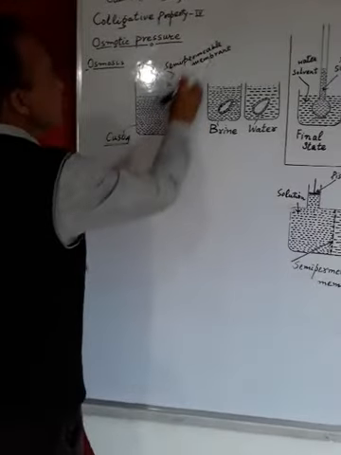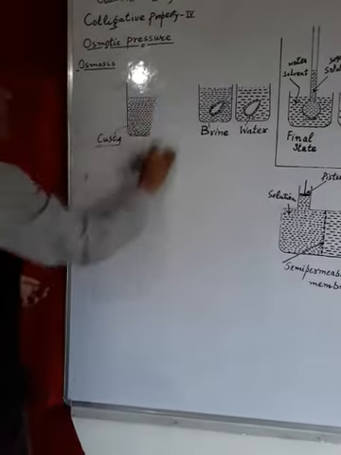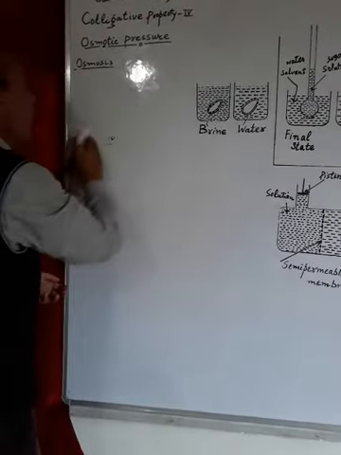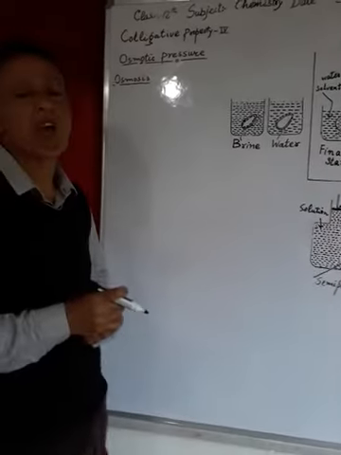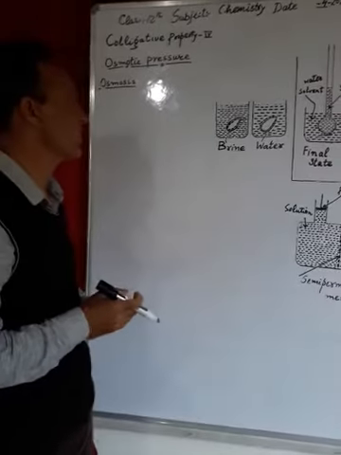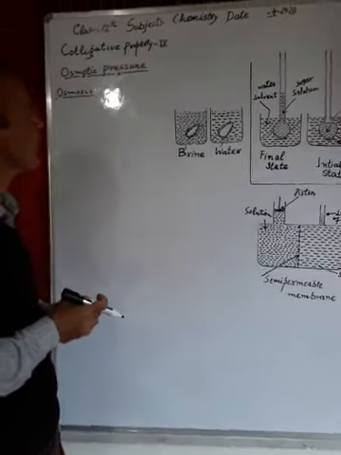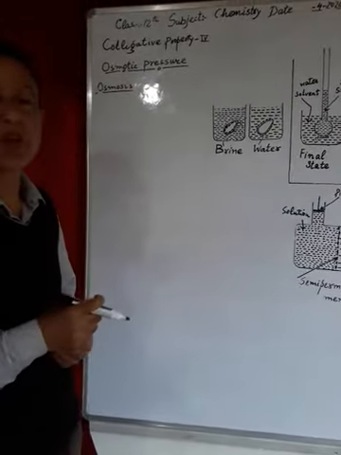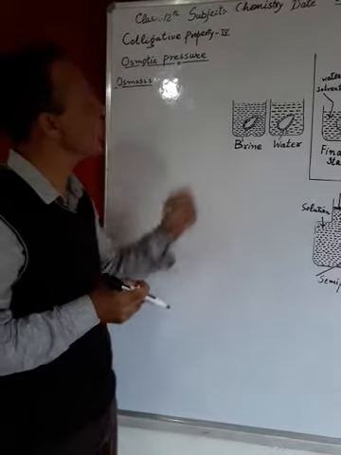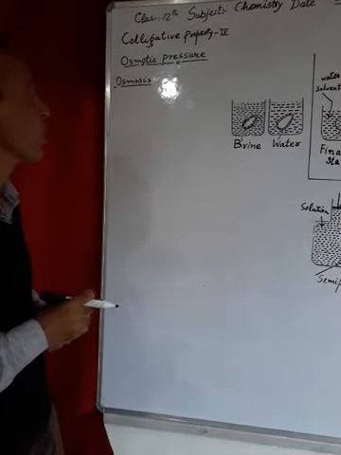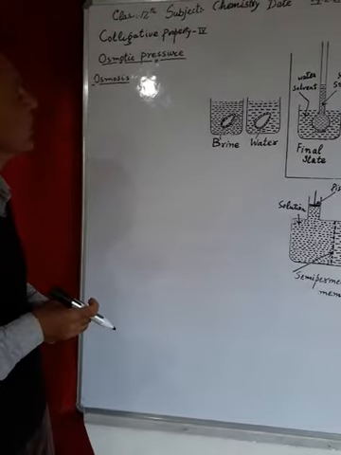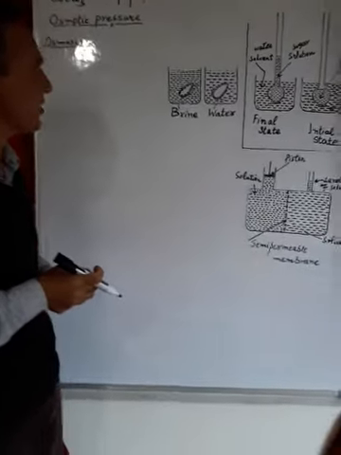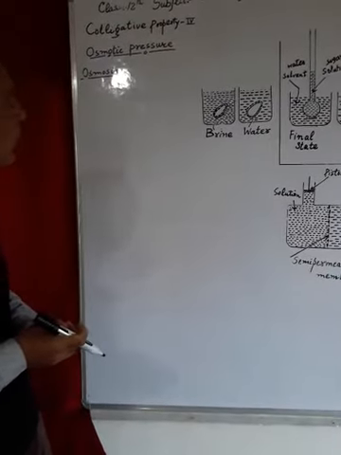Now we can demonstrate this osmosis in the laboratory or at home by taking two eggs of similar size. To explain osmosis, we will do a simple experiment. We will take two eggs of similar size. We put these eggs in the dilute solution of hydrochloric acid for some time.